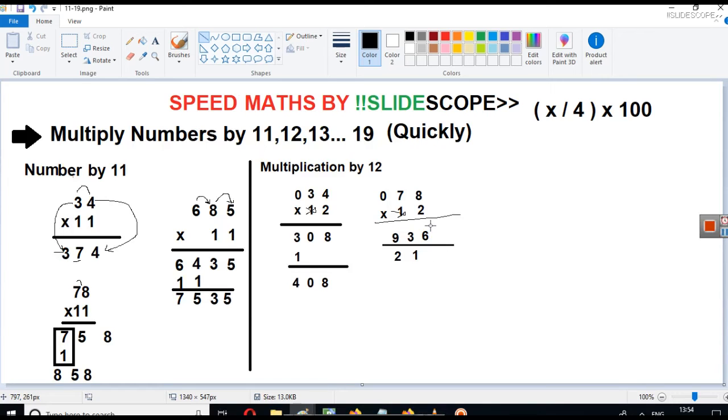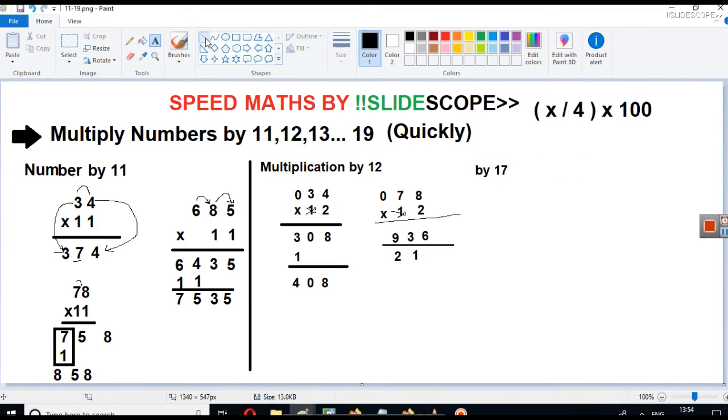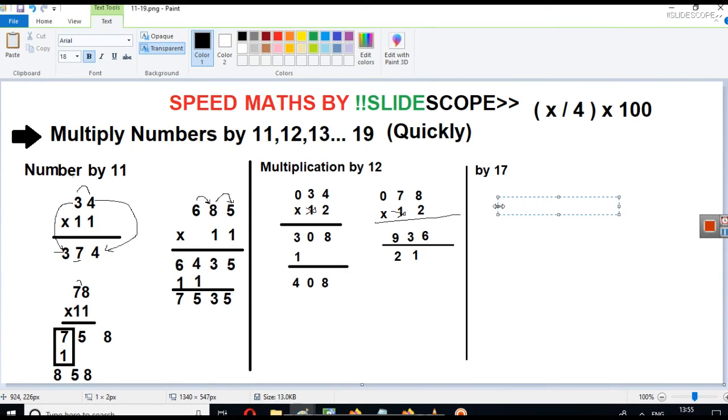The same thing can be applied to any digit between 11 to 19. Let's see an example of multiplication by 17. So let's take an example where we will try to multiply a particular number by 17. Let's take a big number here.